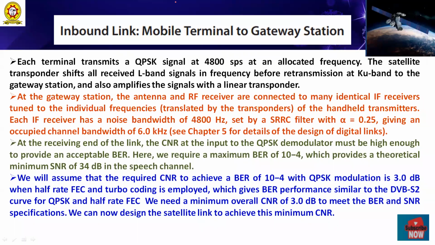So this carrier to noise ratio is available at the input of the demodulator section. Why? Because all these received signals are applied at the input of the demodulator. So these signals can get an acceptable bit error rate. However, we require a maximum bit error rate of 10 power minus 4.